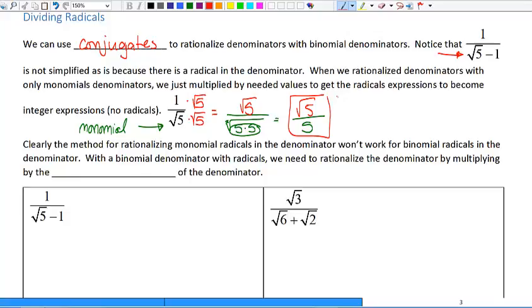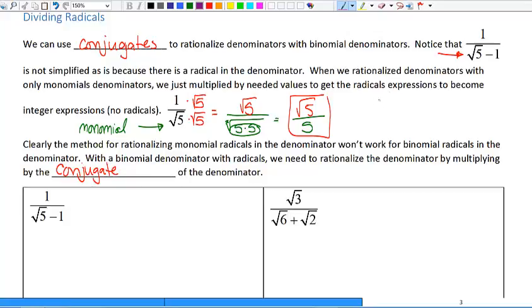Now, clearly this method for rationalizing monomial radicals in the denominator won't work for binomial radicals in the denominator. With a binomial denominator in the radicals, we need to rationalize a different way. And the different way is to multiply by the conjugate of the denominator.